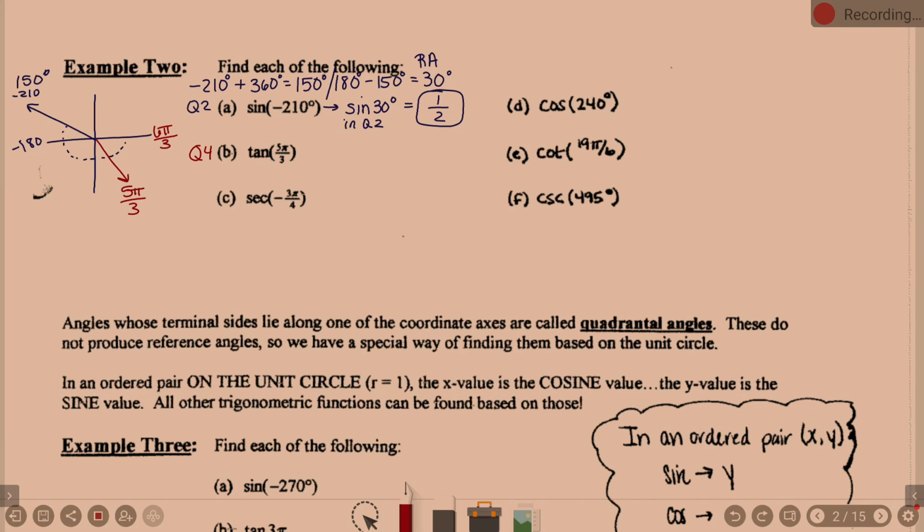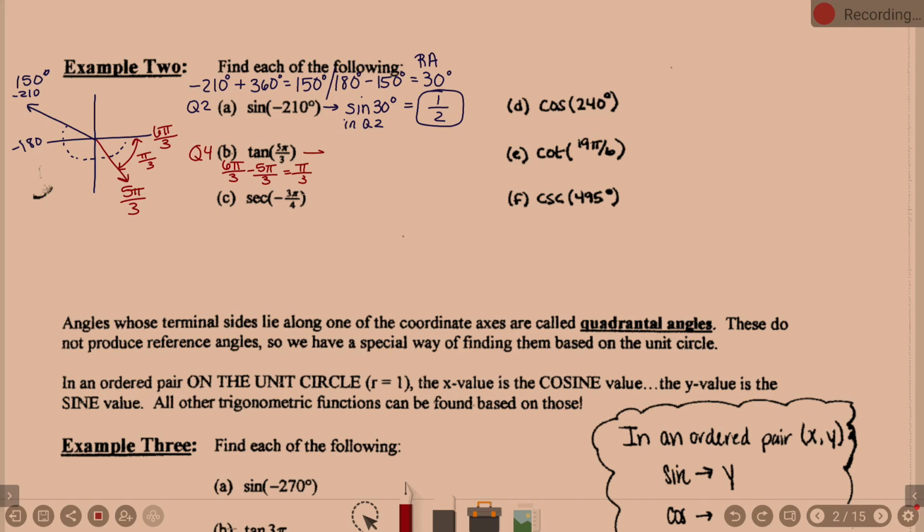What is the difference here? I'm going to say the difference is pi over 3, which is 60 degrees. I'll write it down: 6 pi over 3 minus 5 pi over 3 gave me pi over 3.